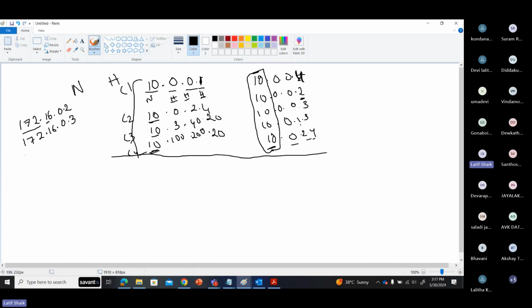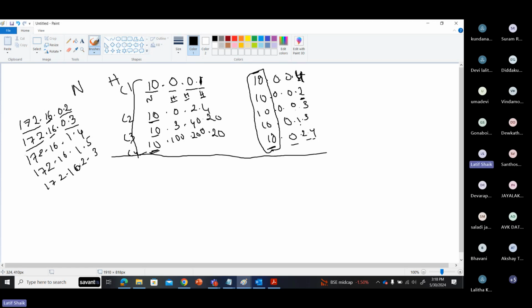This is class B. The first two portions are network portions, the remaining are host portions. So it is compulsory that the network portion must be the same, and at least one of the host portions can be different.